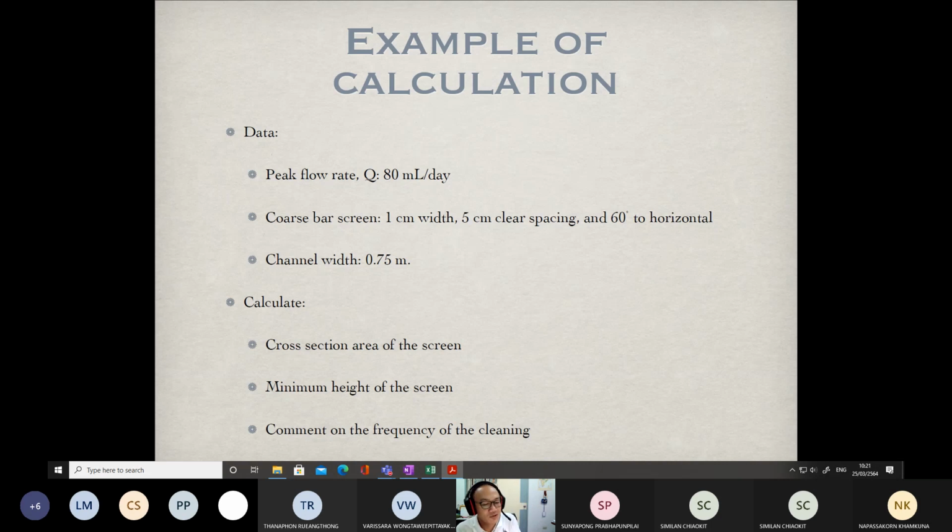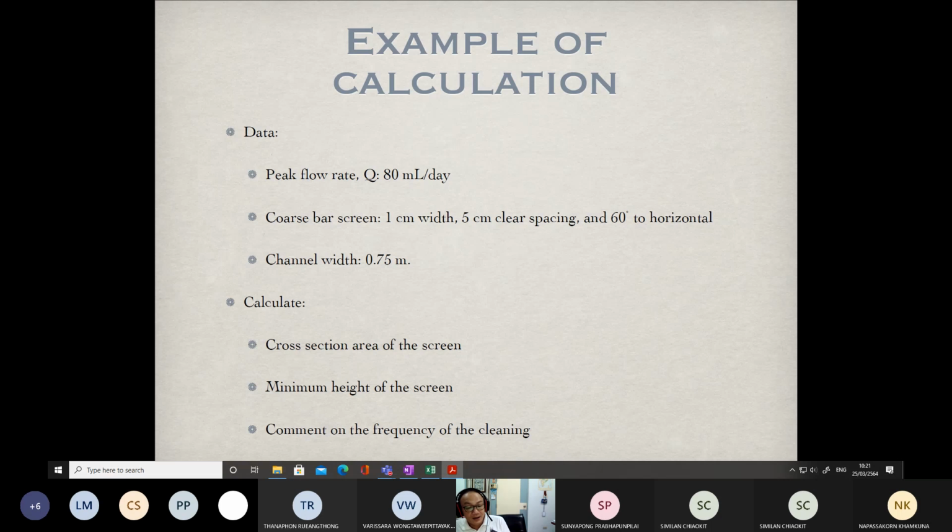So what are you supposed to find out? You are supposed to determine the cross-sectional area of the screen. As the channel width is already given, you have to determine the height. If you know the height, just multiply it by 0.75, the channel width, and you will get the cross-sectional area of the screens and also the minimum height accordingly.